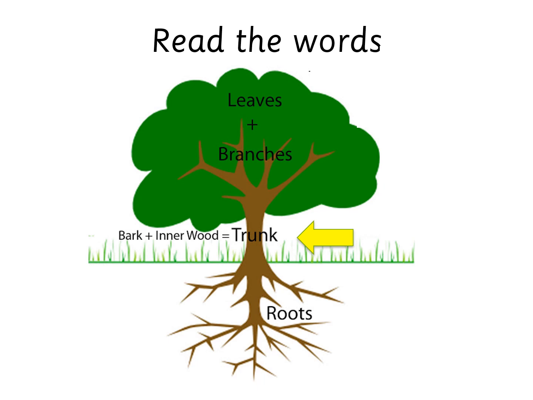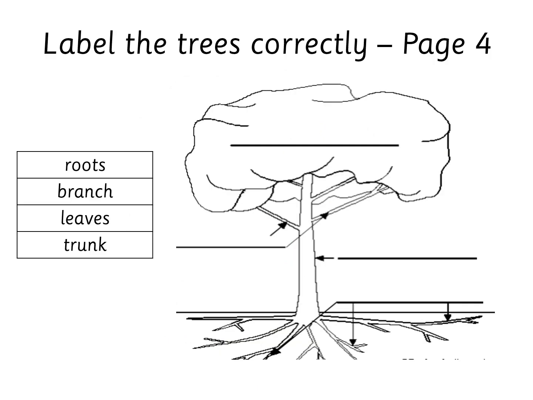The trunk is the bark and the inner wood of a tree. And lastly is roots. Now it's your turn to label the trees correctly on page 4.